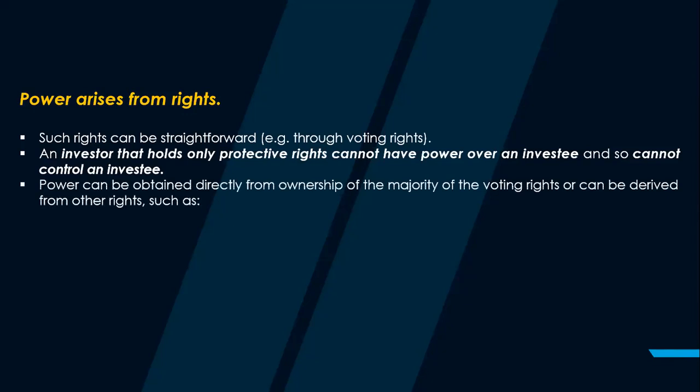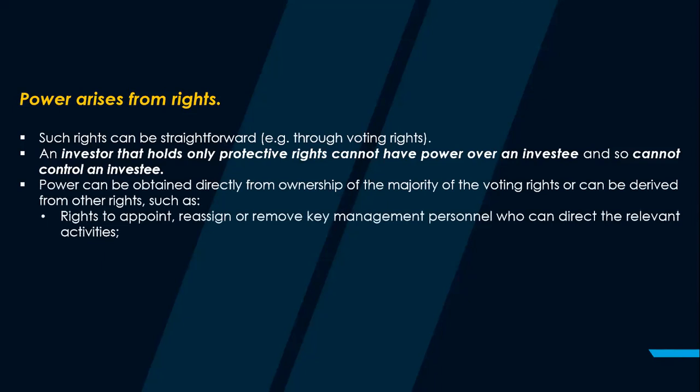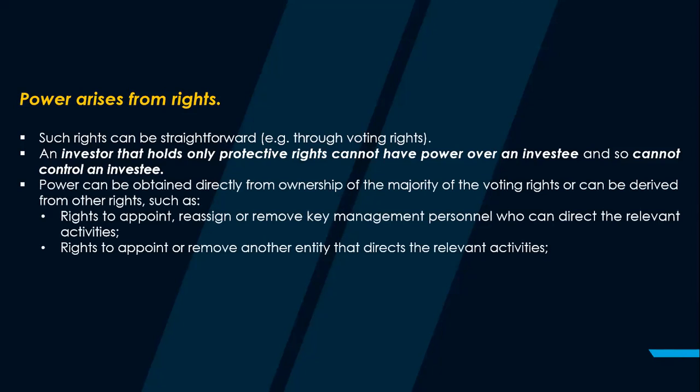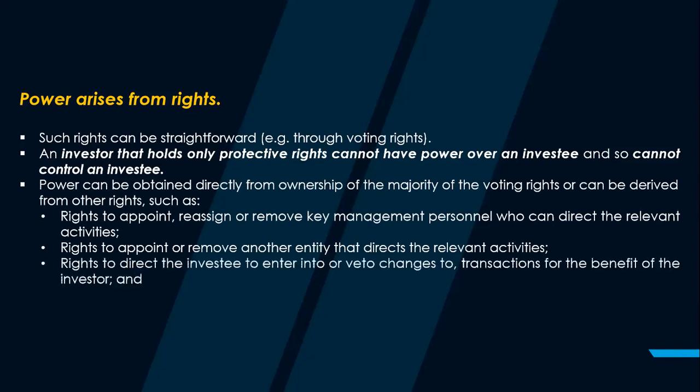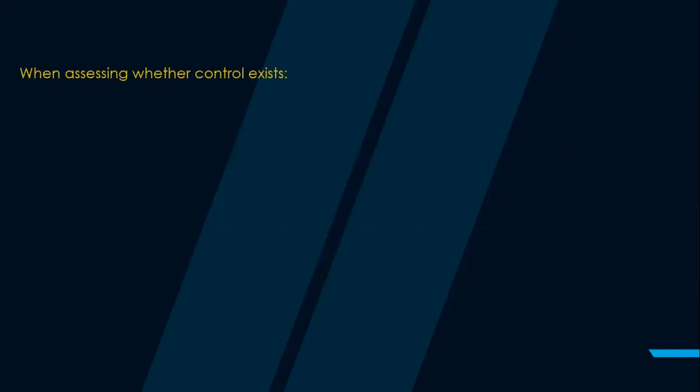Power can be obtained directly from ownership of the majority of the voting rights, or can be derived from other rights such as rights to appoint, reassign, or remove key management personnel who can direct the relevant activities, rights to appoint or remove another entity that directs the relevant activities, rights to direct the investee to enter into or veto changes to transactions for the benefit of the investor, and other rights such as those specified in a management contract.